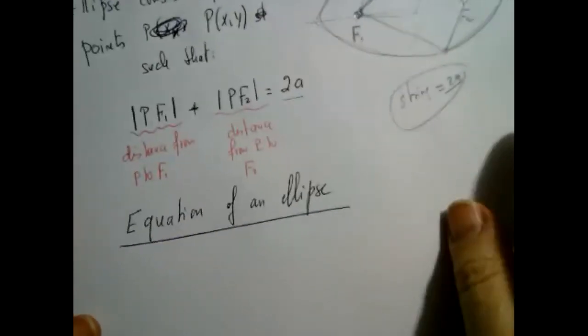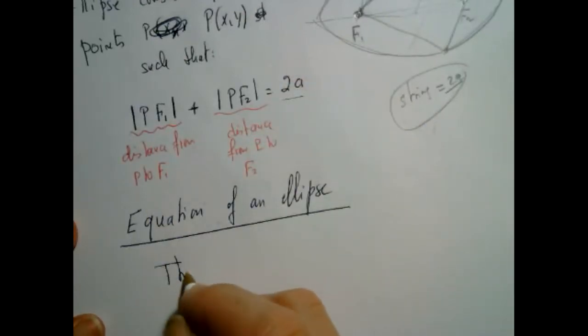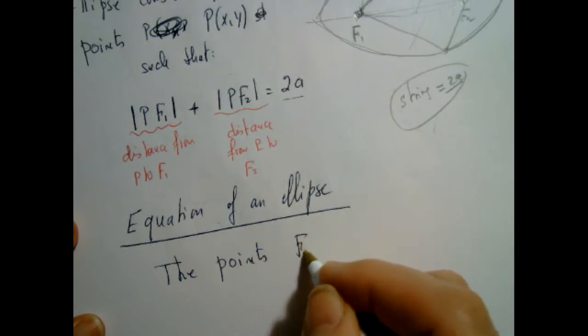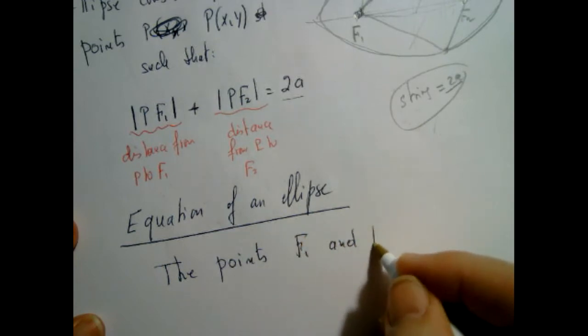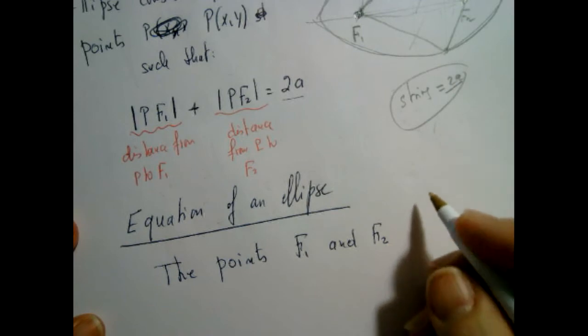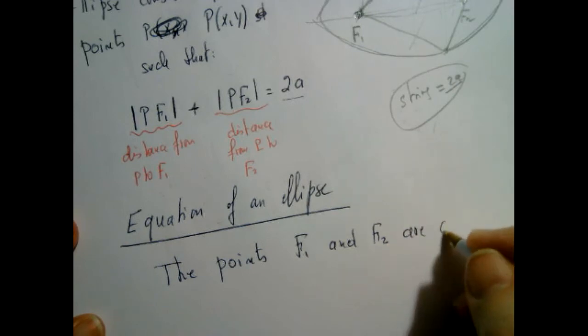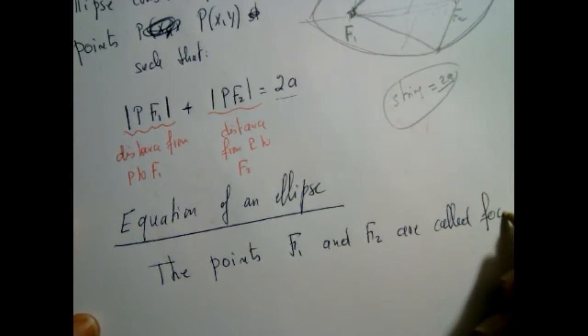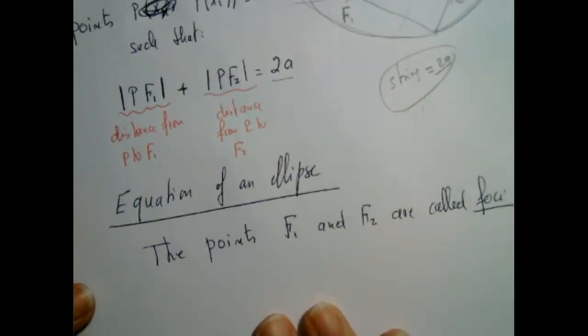Okay, the equation of an ellipse. The points F1 and F2 that I just talked about have a name, they are called foci.